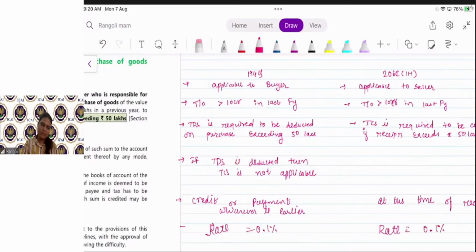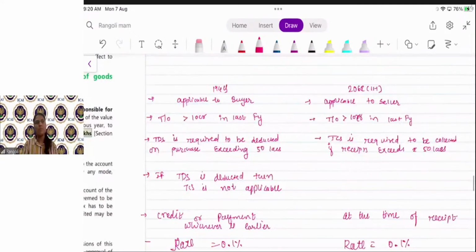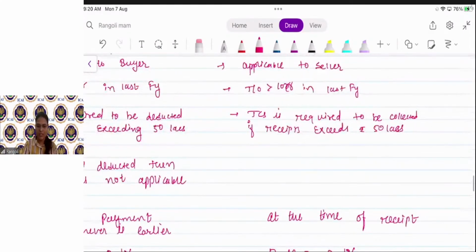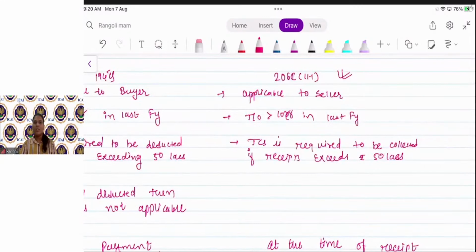Now, there are two sections. What happened 2 years ago? The government first issued section 206C(1H). After that, they issued section 194Q. Now, I'll explain 206C(1H) first. 206C is the series of TCS.